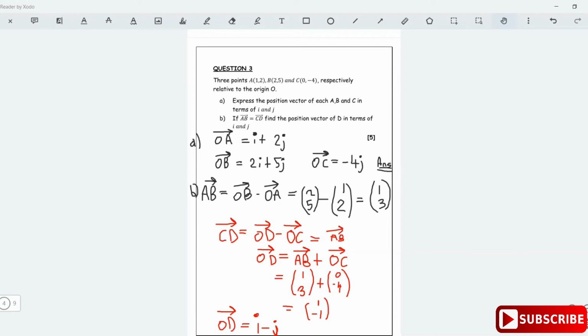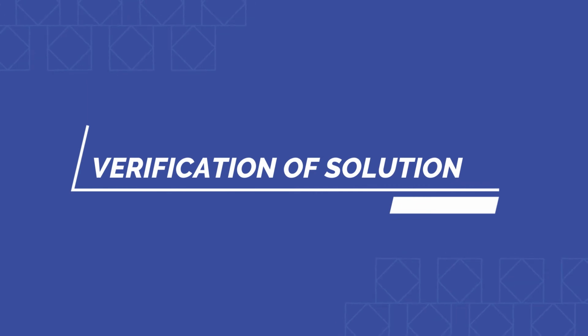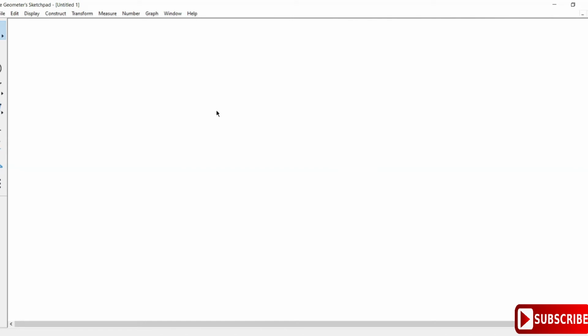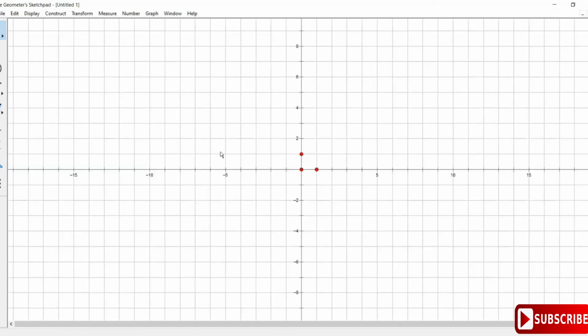And so if you want to see it, let's look at the graphical solution. It's always nice when we look at what is happening. So we're going to go to Geometer's Sketchpad and observe what is going on. Looking back, A was the point 1, 2.